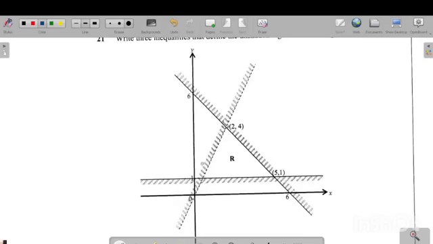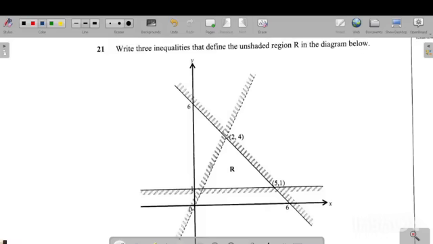Okay, now they want you to write the 3 inequalities that are defining this region, the unshaded region R. So there are a few things that you're supposed to know when dealing with such questions. Number 1, you need to know the nature of the line.